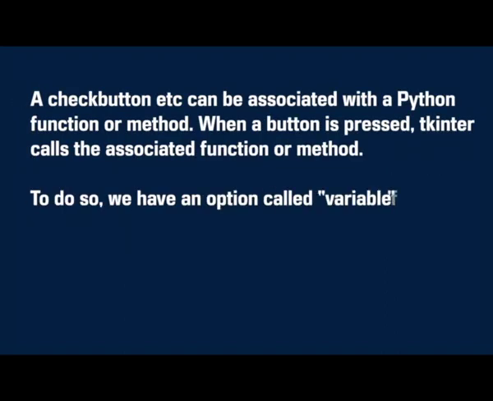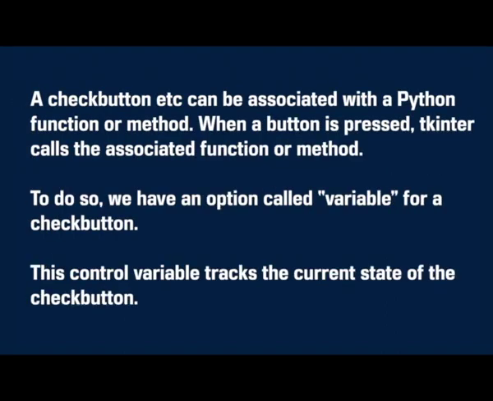A check button etc. can be associated with a Python function or method. When a button is pressed, tkinter calls the associated function or method. To do so, we have an option called variable for a check button. This control variable tracks the current state of the check button.